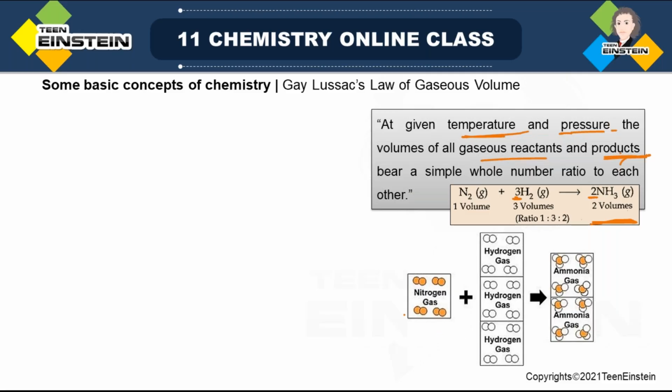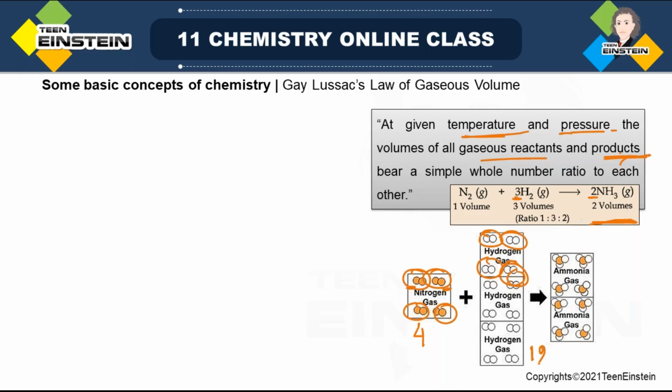Now if I write it in this way, see here these individual pictures. It means it is nitrogen because it is diatomic. So how many nitrogen molecules are present? Total 4. 1, 2, 3, 4. Next, hydrogen gas, which is again diatomic, how many are there? 4 into total 3 boxes are there.